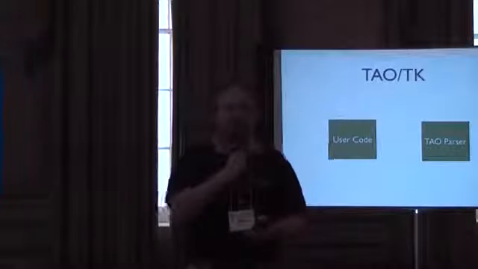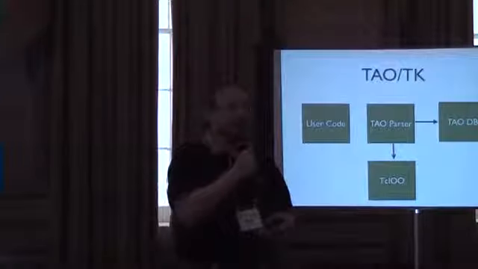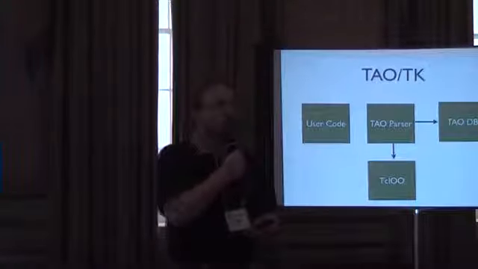Okay, so the concept with TAO TK is very similar to a concept I had about 6 years ago before we had TICL. But I don't actually let TICL see the code directly. I run it through a parser first. And the TAO parser digests it, basically it sends what it can directly to TICL.